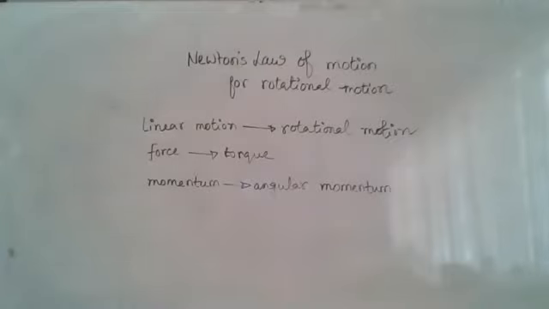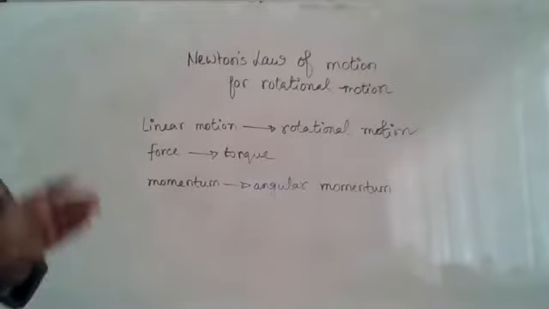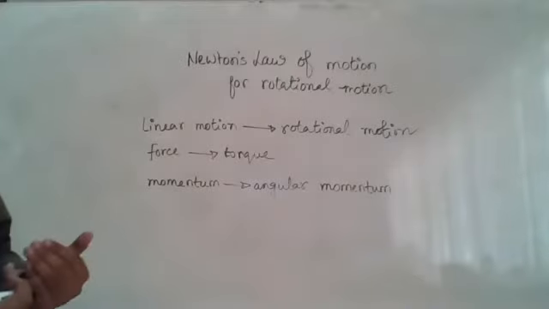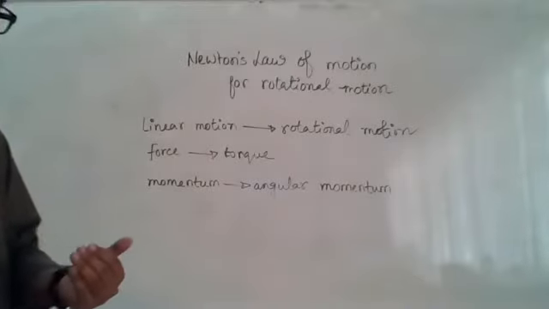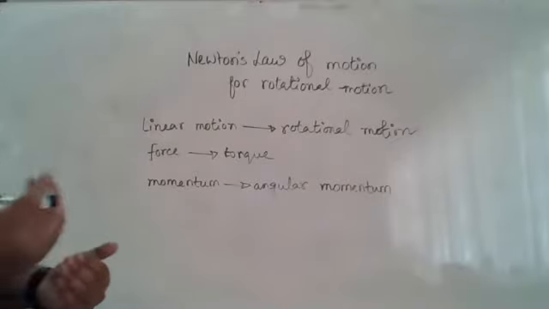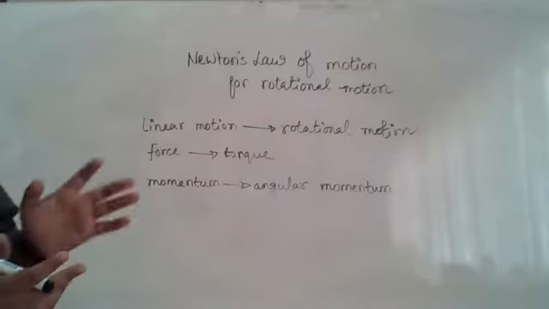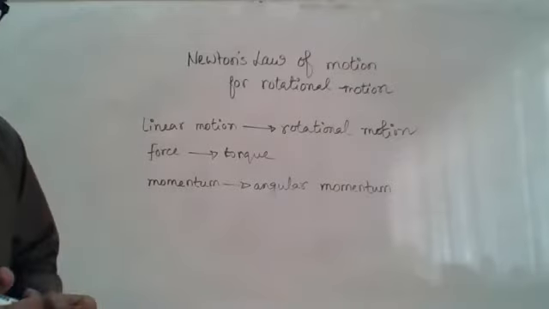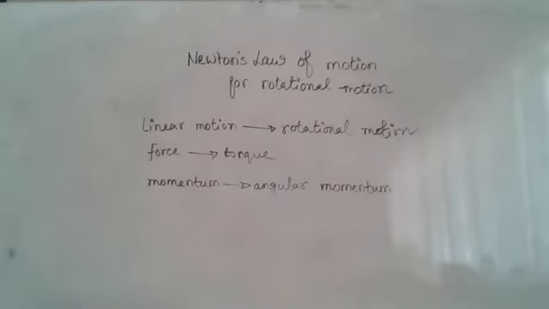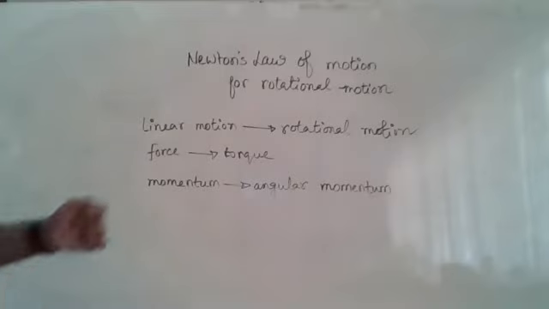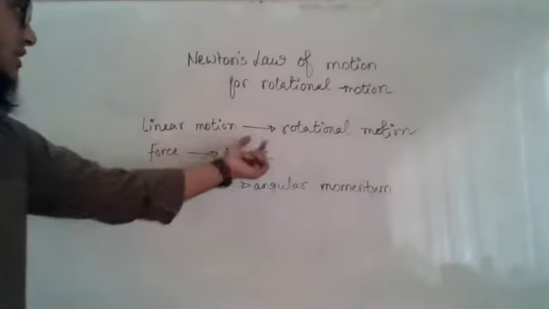So if a body is at rest, it will never come into motion by itself. If you want to make it move, you have to apply a certain amount of force on it. This is the first law, and it also says that if a body is already in motion and you want to change its velocity, then you have to apply some force on it, right?